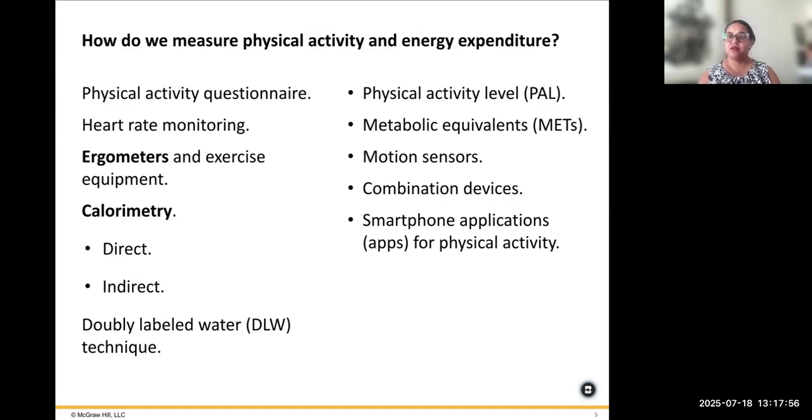We'll go through that. We measure physical activity levels, PAL, metabolic equivalents, METs, motion sensors, combination devices, smartphone applications, or apps for physical activity. We can measure physical activity and energy expenditure any and all of these ways.